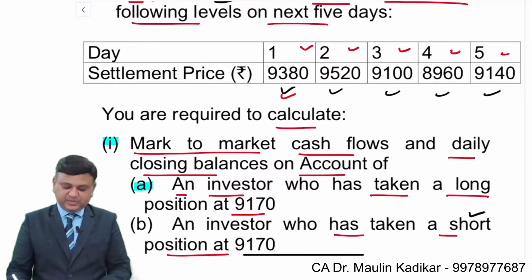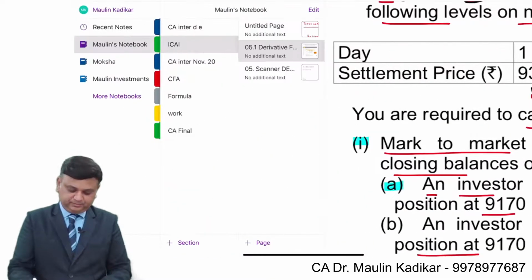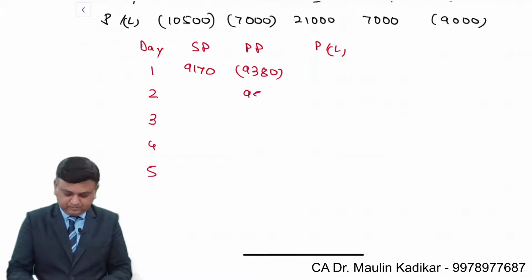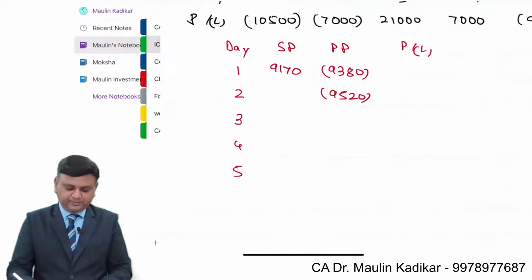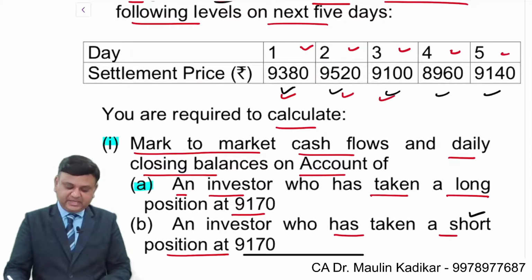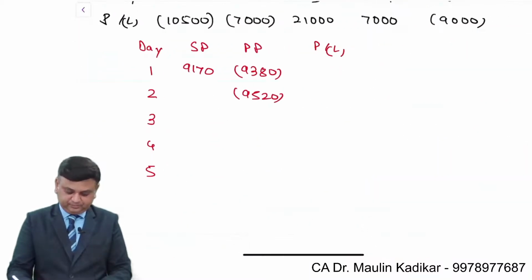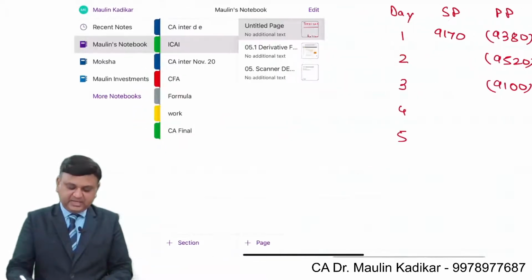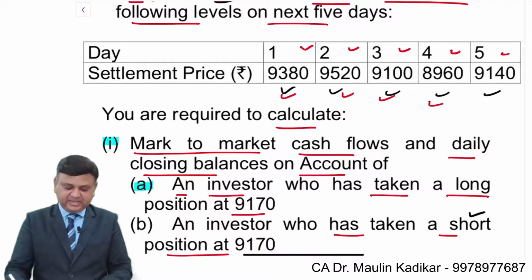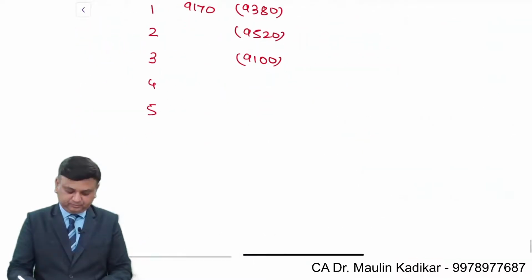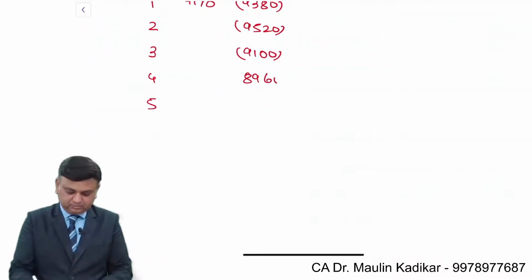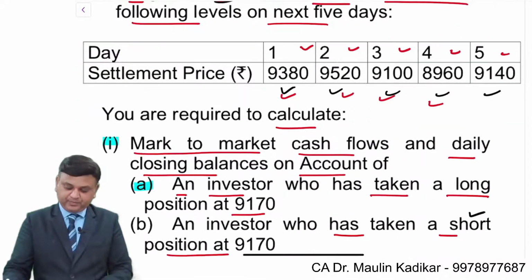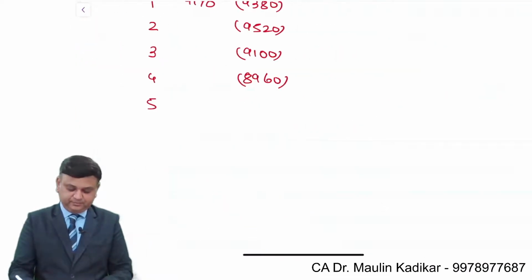Next day purchase price will be 9520. Next day purchase price will be 9100. Next day purchase price will be 8960. And the last day purchase price will be 9140.